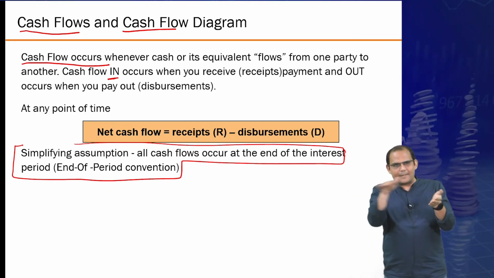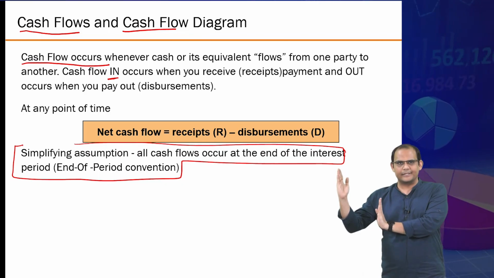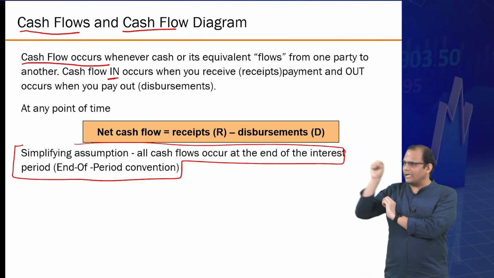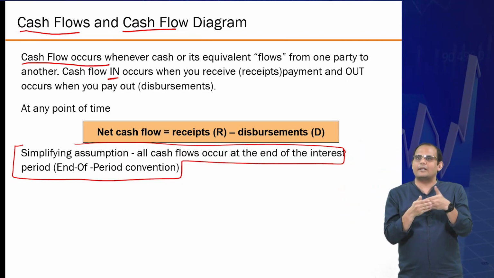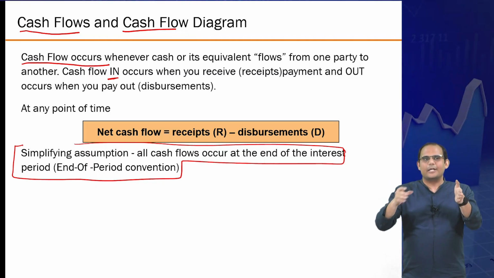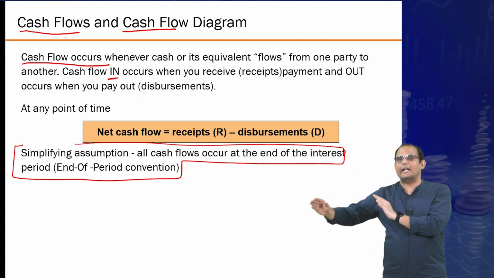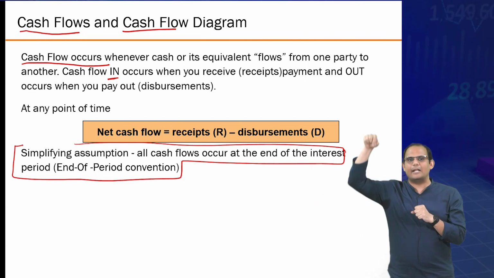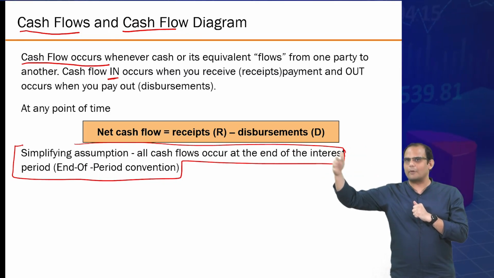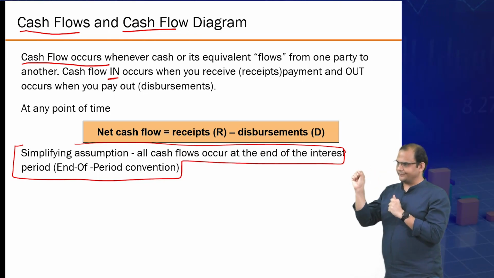So whatever happens in between two periods, you try to shift it towards the end. The net of it you consider at the end of the period. For example, all the transactions happening between month 1 and 2, you use the equivalent of all those sums and assume that everything is happening at the last day of month 1 or month 2, whatever, right? So that is called the end of period convention, okay?